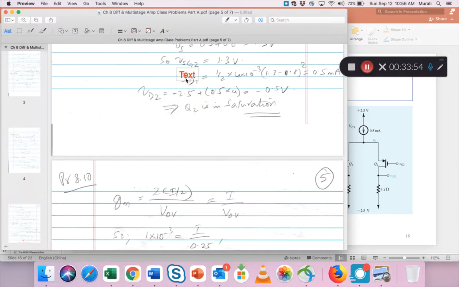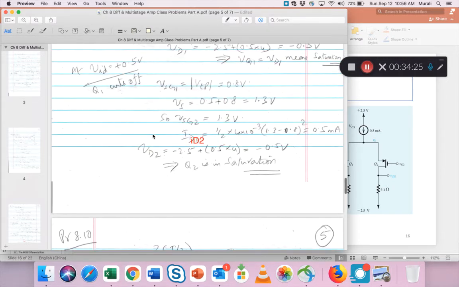Okay, so that should be ID2. Forgive me. So ID2 comes out also to be 0.5, which means that the entire bias current is going through ID2, the device 2.